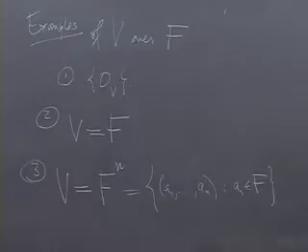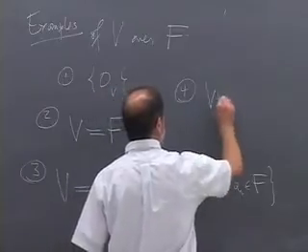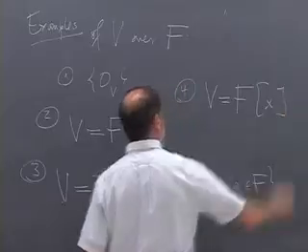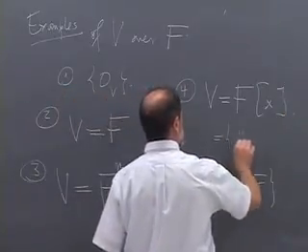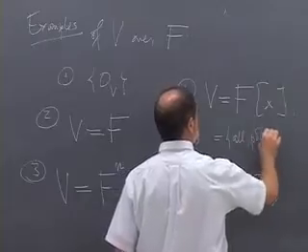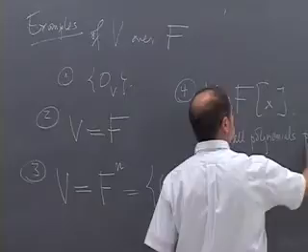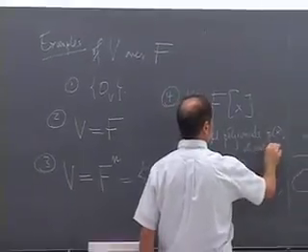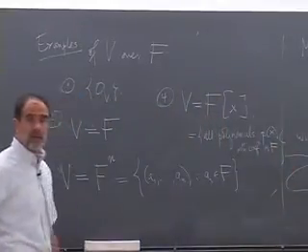A more interesting example of a vector space, here's one that we're going to study a lot later. I'll denote it like this, F brackets x. That's the vector space of all polynomials p of x with coefficients in our field F. That's a much more interesting vector space.